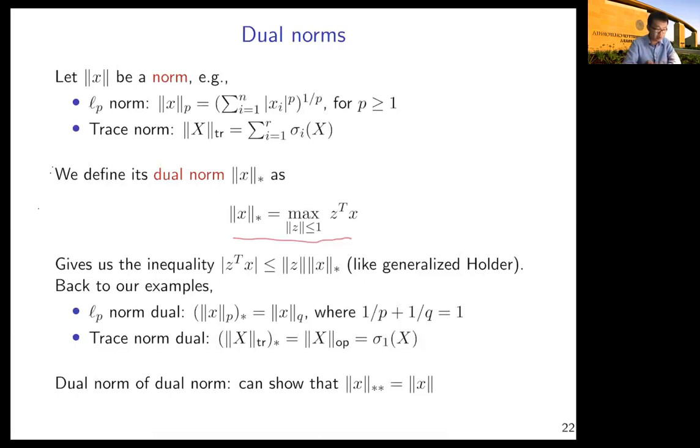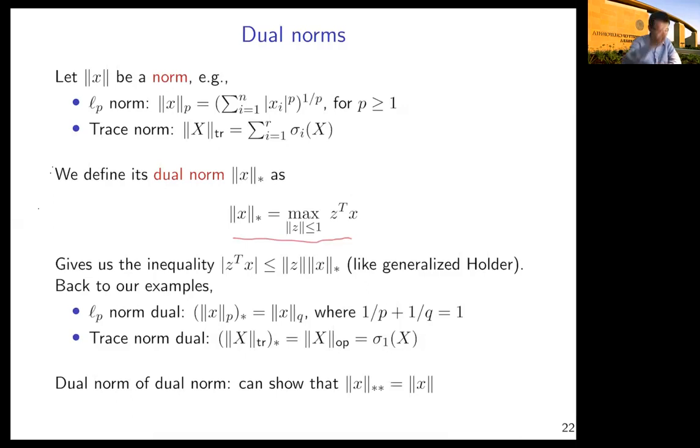This is a generalization of the Cauchy-Schwarz inequality, and we often use this to get a slightly tighter bound that depends more favorably on the dimension of the problem. Okay, so you guys still remember this, right?